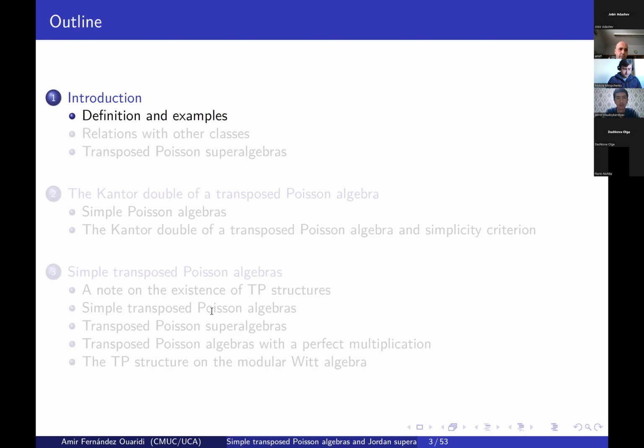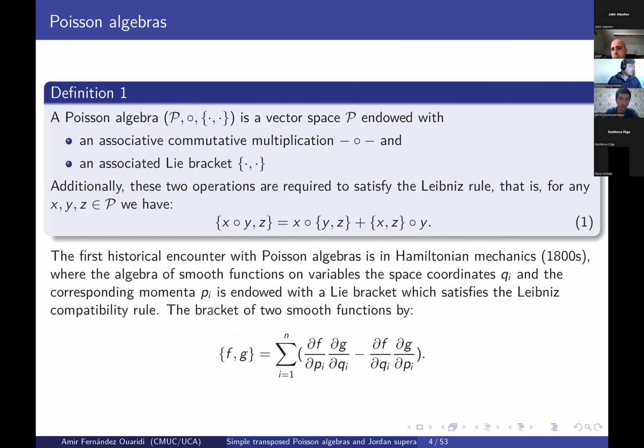Okay, so first, I'm going to start by giving the definition of a Poisson algebra, which is a vector space endowed with 2 multiplications, one being associative and commutative, and the second one being a Lie bracket. And for these 2 operations, we will require to satisfy an additional identity involving the 2 multiplications, which is usually called the Leibniz rule, which is this one here.